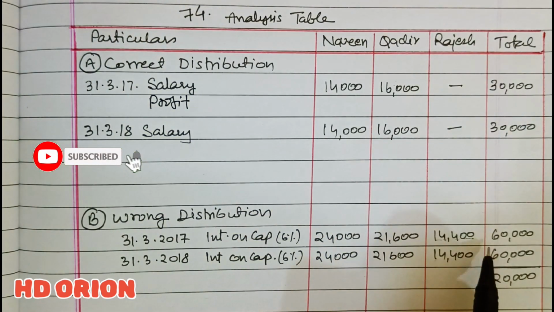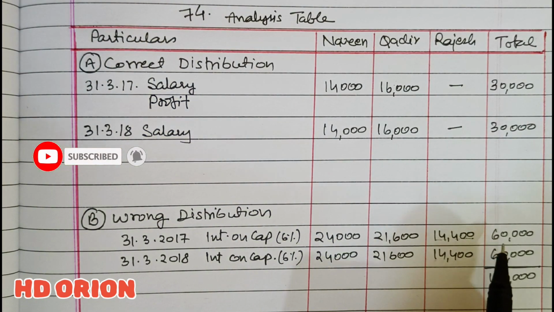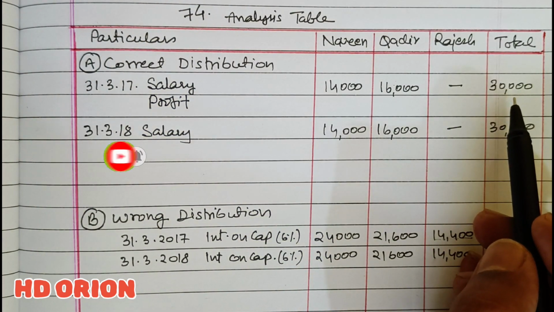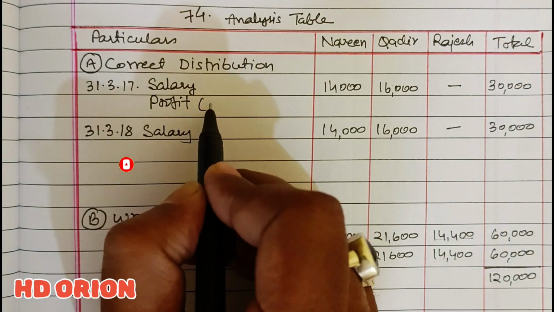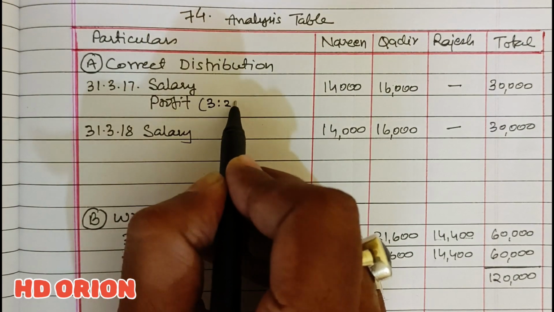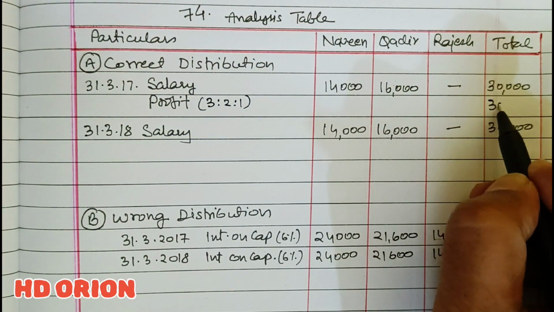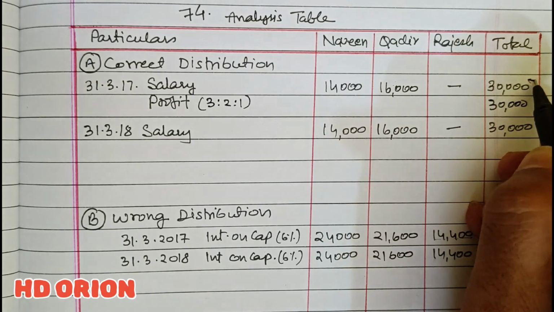The 60,000 rupees mistake is there and 30,000 we have rectified, and the remaining 30,000 is to be rectified in the form of profit in the profit sharing ratio for that year, and that year's profit sharing ratio is 3:2:1.